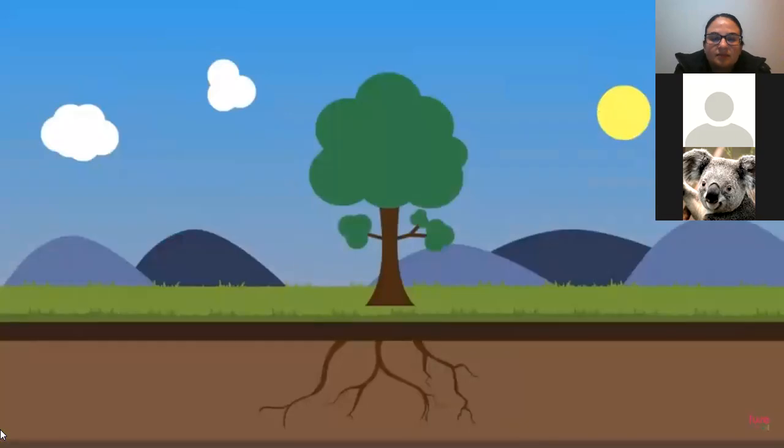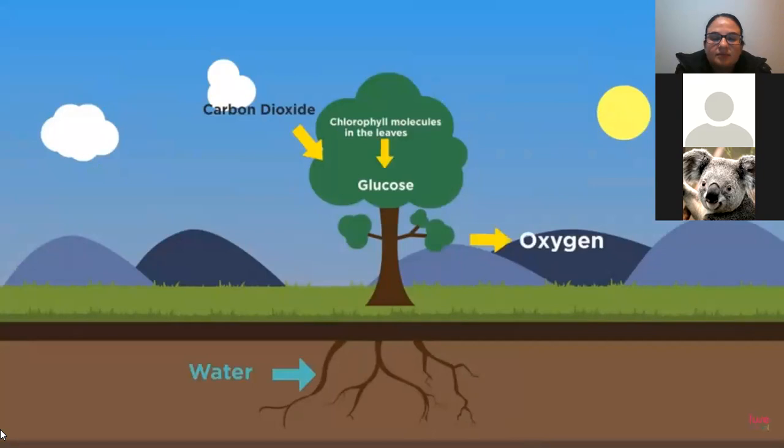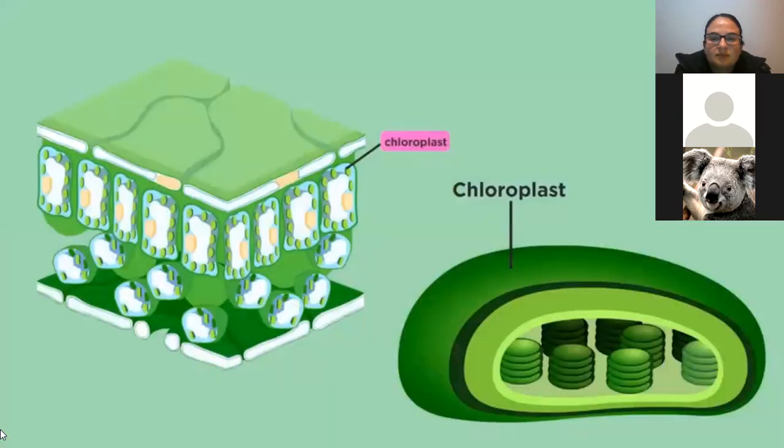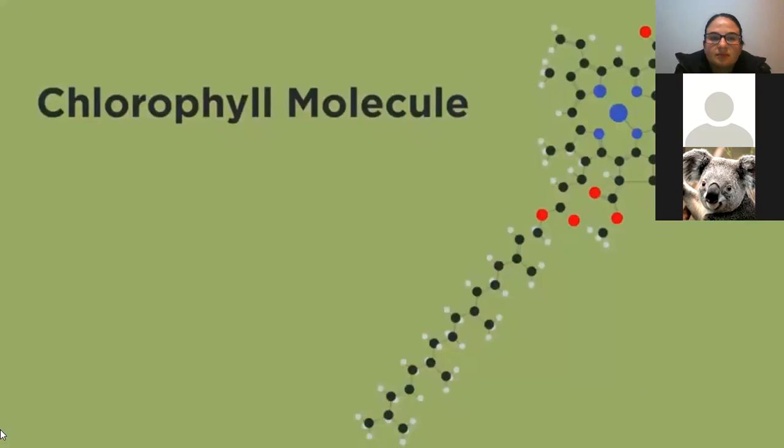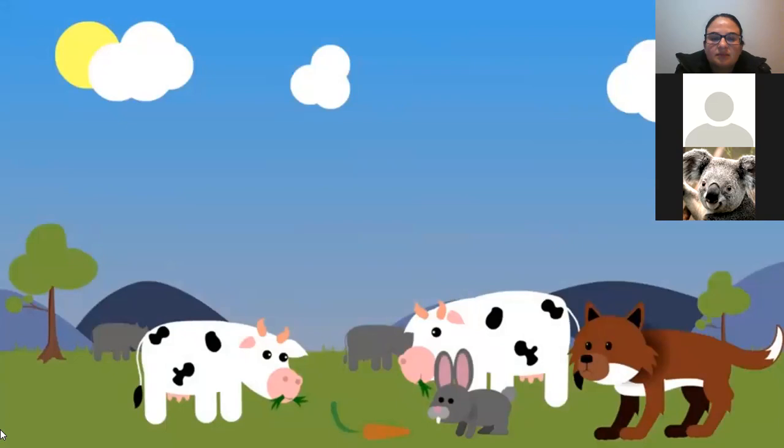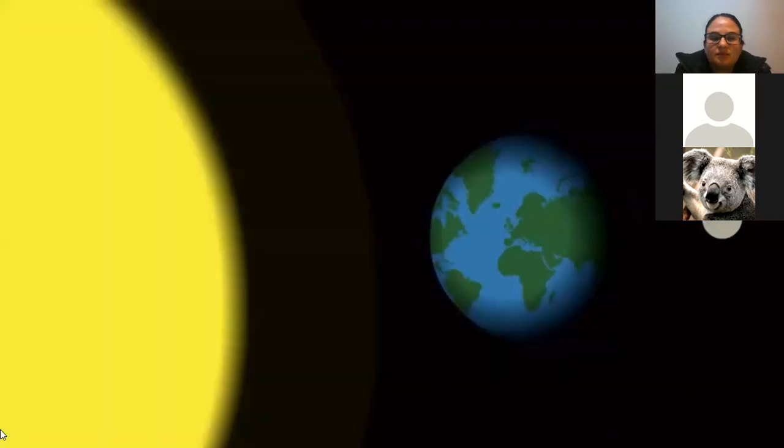So you just need to remember that carbon dioxide and water react to form glucose and oxygen. In the presence of light energy from the sun, this happens inside the chloroplasts in the leaf, with chlorophyll being the green pigment that absorbs the light energy. The glucose made by photosynthesis feeds all animals on Earth, and the oxygen made keeps us alive.